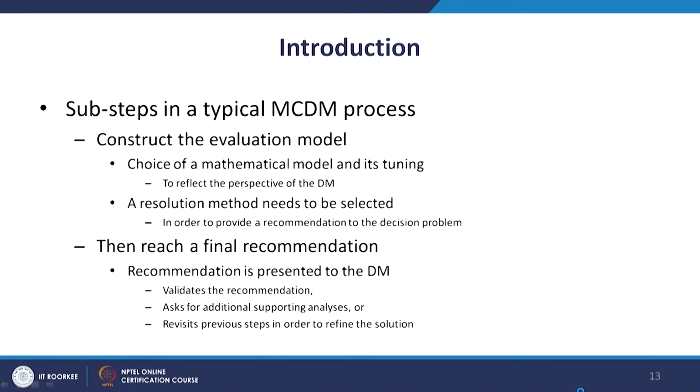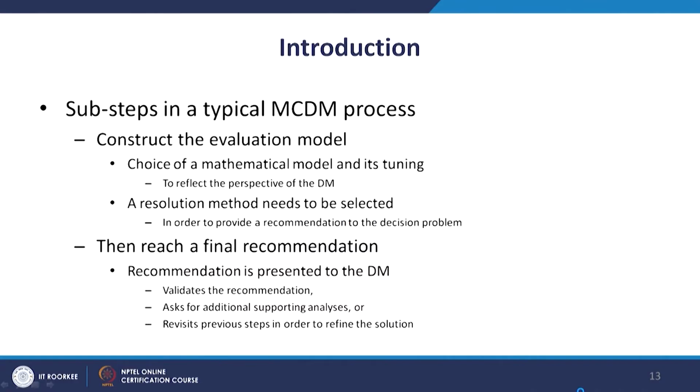Then the next step is to reach a final recommendation. Even after a final recommendation is presented to the DM, there could be various sub steps depending on which path is picked by the decision maker. The DM can validate the recommendation, in which case the decision would be made immediately and whatever was recommended by the analyst would be accepted.